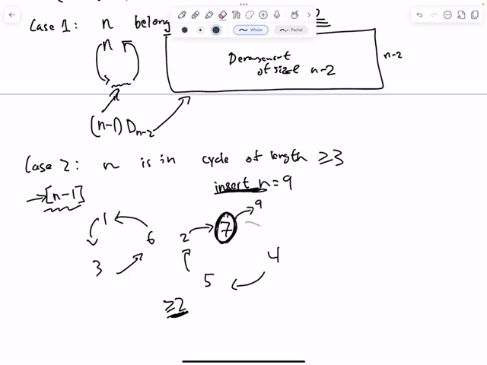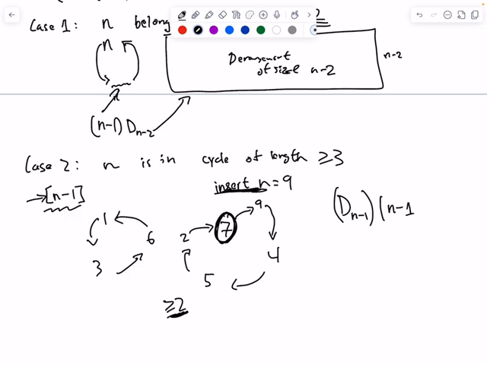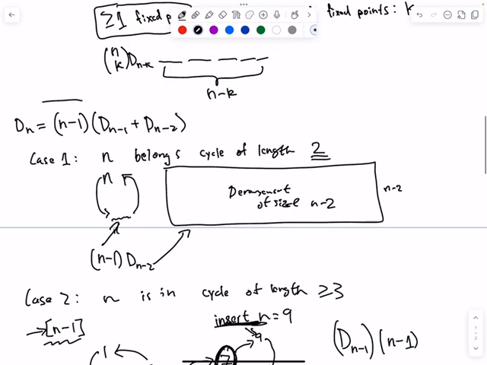So 7 would point to 9, and then 9 would point to 4, kind of like inserting into a linked list. So how many ways are there of doing this? First we start with an arbitrary derangement, and then we pick one of the elements to insert n after. In total, that's where we get this sum.